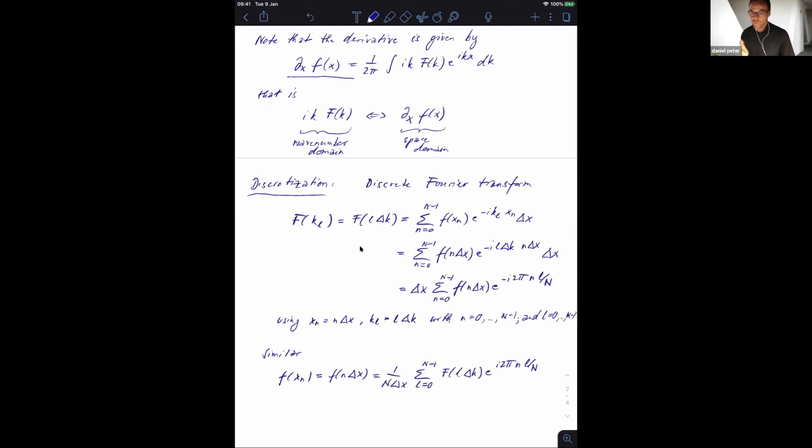So with these two formulas, we can basically go back and forth for our discretized domain. So that's the discrete inverse Fourier transform.